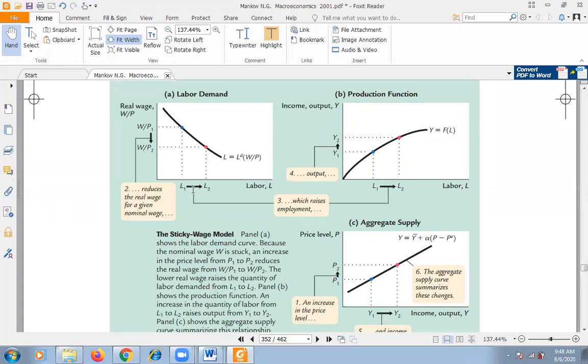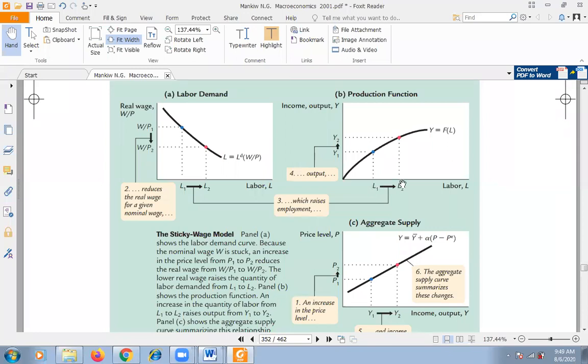Now, this increment in labor demand raises employment. Firms hire more labor, from L1 to L2.